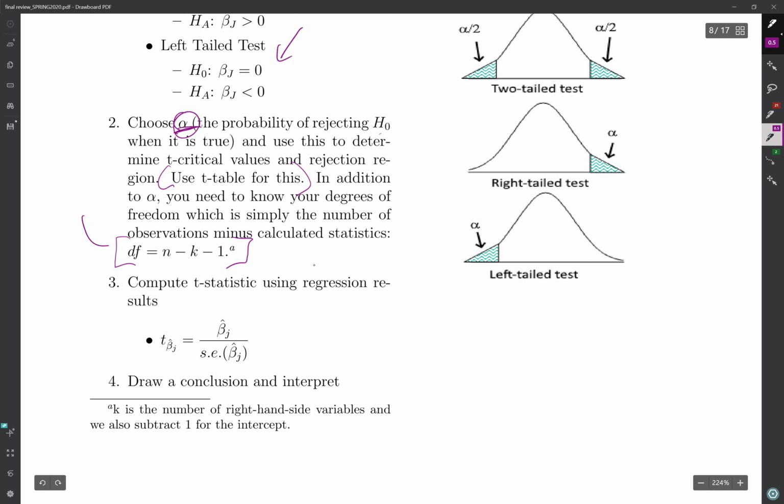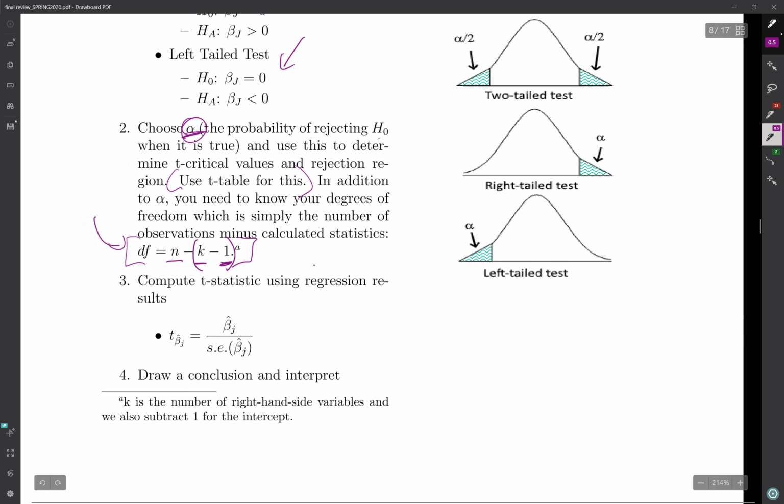And you need to know your degrees of freedom, which is the number of observations minus the number of independent variables minus 1 for our coefficient. In other words, k plus 1 is the total number of statistics that we're simultaneously creating, so we subtract that number off from n, and that is our degrees of freedom.